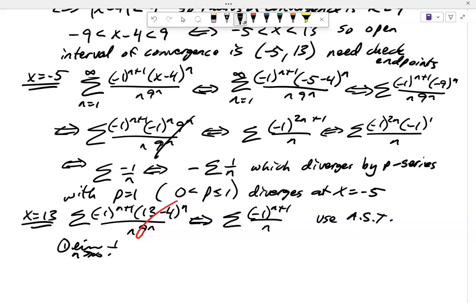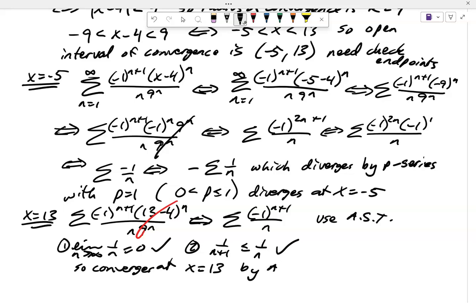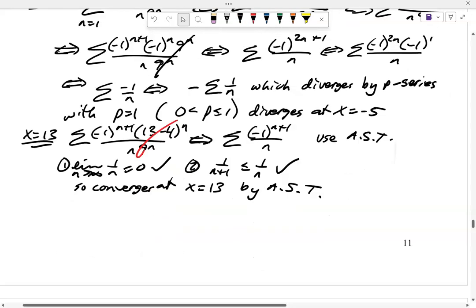The limit equals 0. Yes, it does. Is that also true? Yes, it is. So it converges at 13 by the alternating series test.